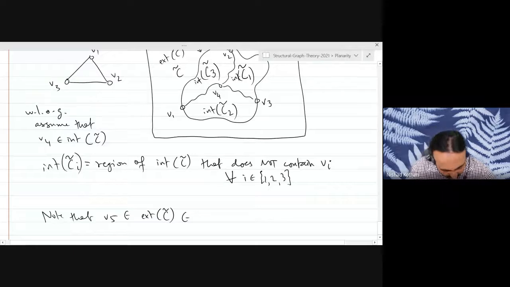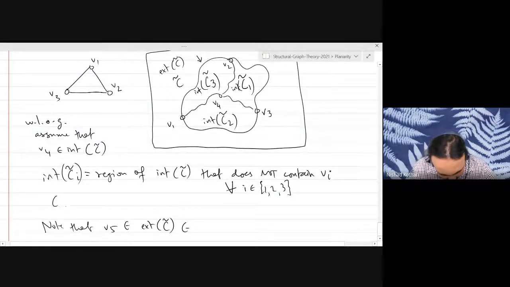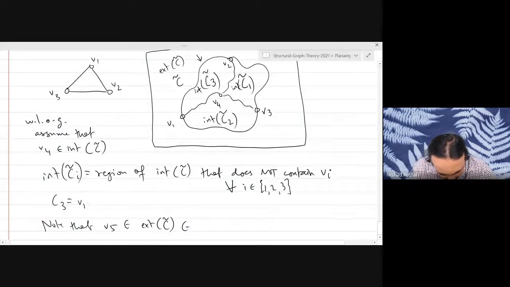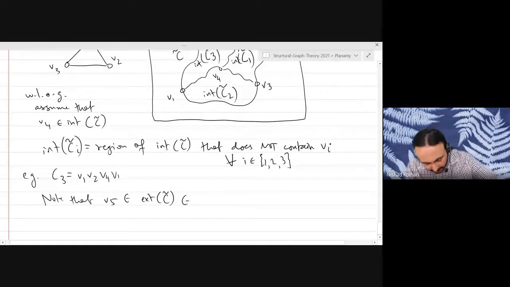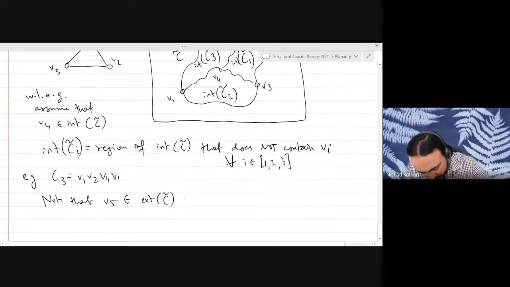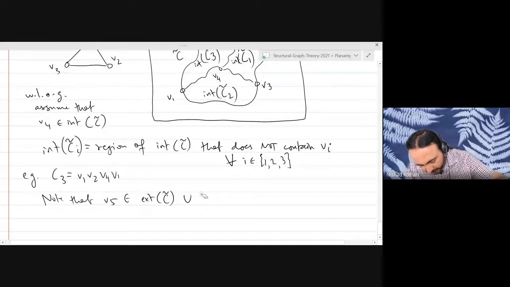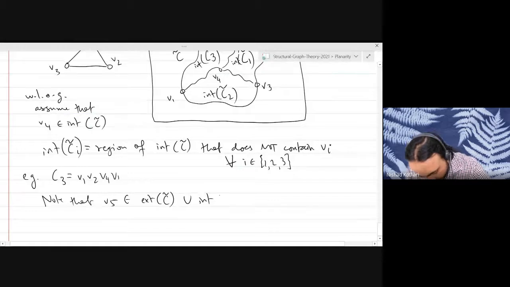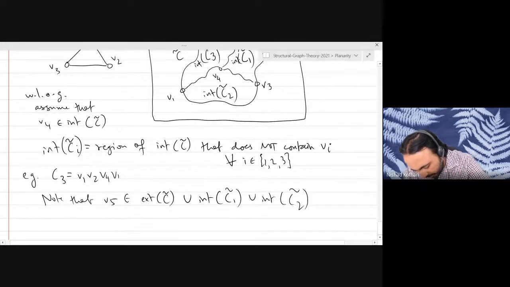In particular, for example, C3 is your cycle V1, V2, V4, back to V1. So either it belongs to the exterior of C tilde or it belongs to the interior of C1 tilde or C2 tilde or C3 tilde.